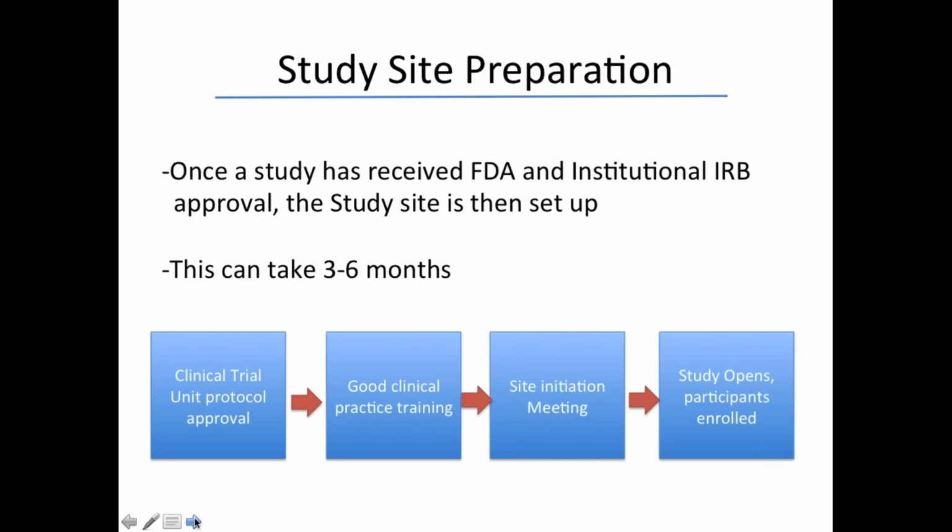And that's the part where things start really getting exciting for researchers at a site, because you sit down as a team with all of the different members of your team, and at that point, you make your immediate plans to get ready to enroll in the study. Pretty shortly after that, what happens is the study opens, meaning that potential participants can be recruited and enroll in that study.